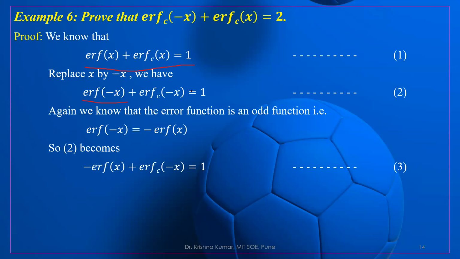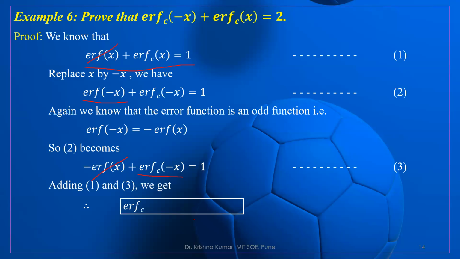If we add 1 and 3, this is positive and this is negative, both will cancel. What we are getting? Complementary error function of x plus complementary error function of minus x equals 1 plus 1, which is 2. So we are getting our result.